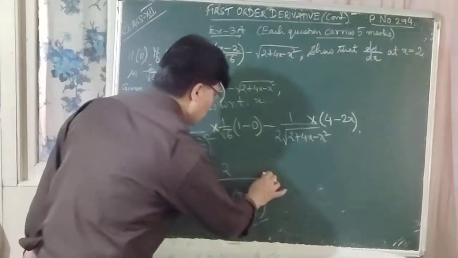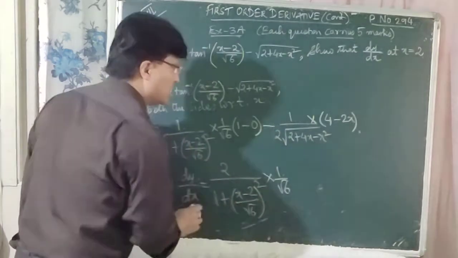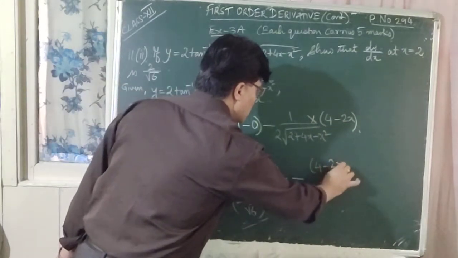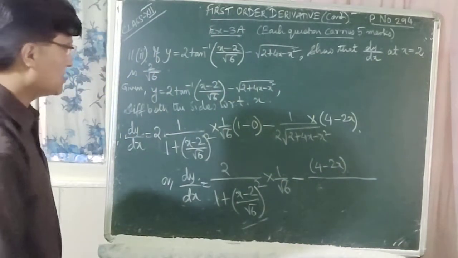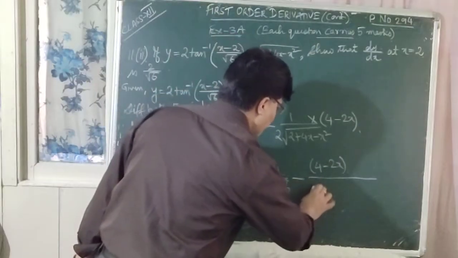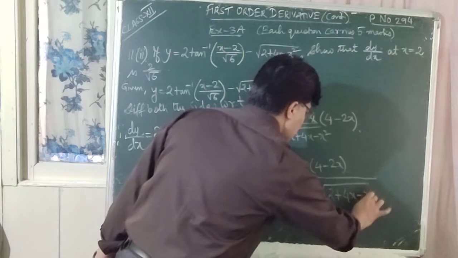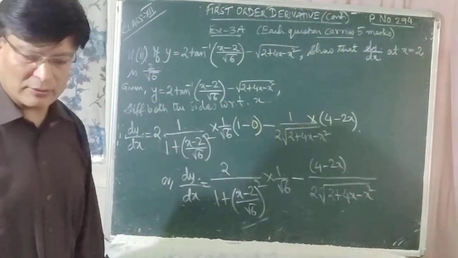Then into this is 1 by root 6 into 1 is 1 by root 6. Alright. Then minus, how much is it? It is 4 minus 2x. This whole divided by 2 root over 2 plus 4x minus x square. Is it clear now?